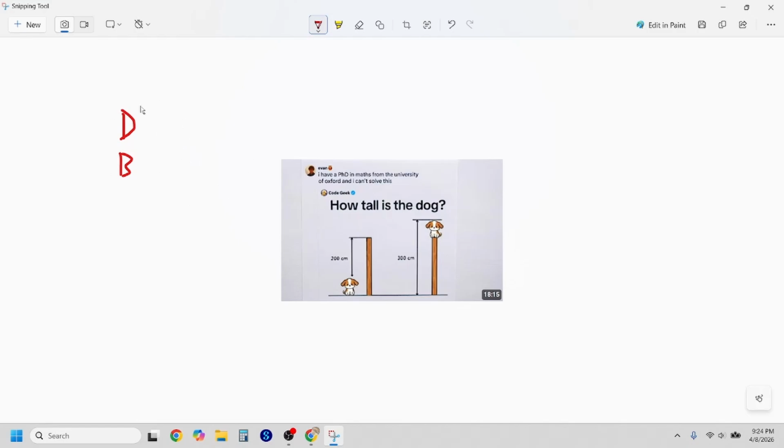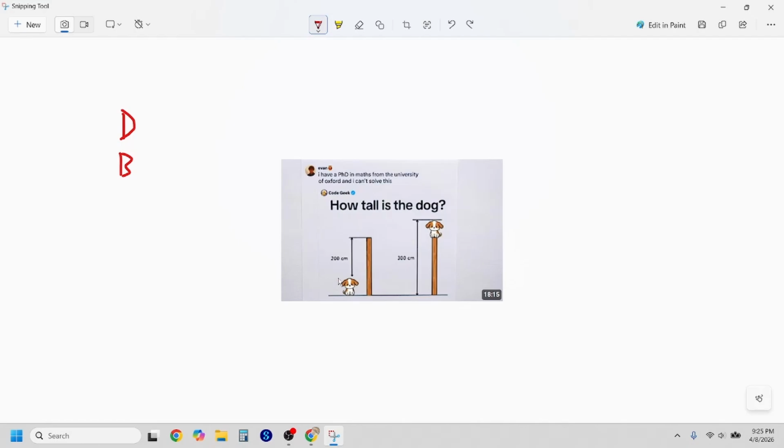Now, before I get into the system of equations, let's try some simple intuition. The dog plus the board is 300, and if we subtract the dog's height from the board, we get 200. So my first guess is that the dog would be 100 centimeters.